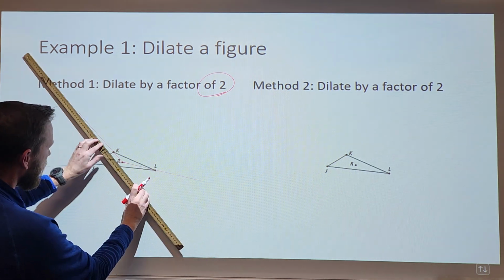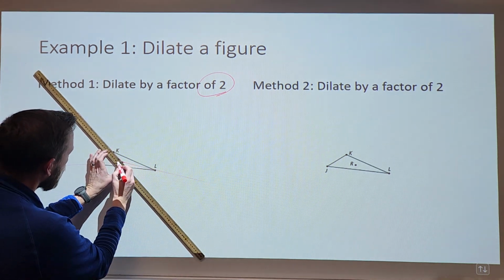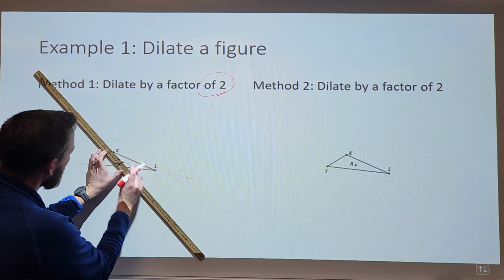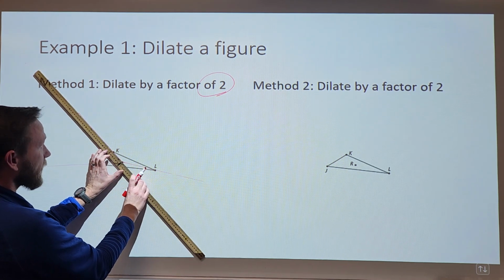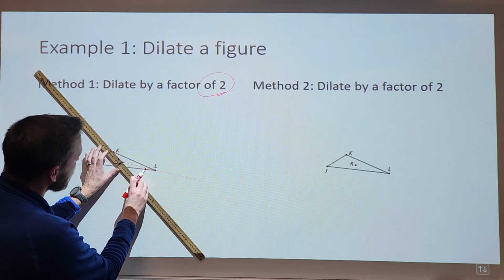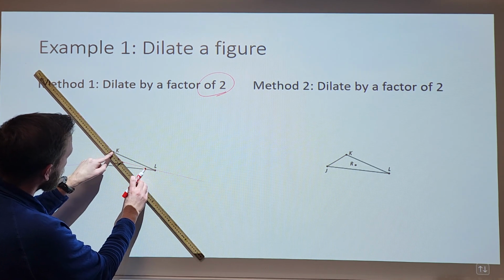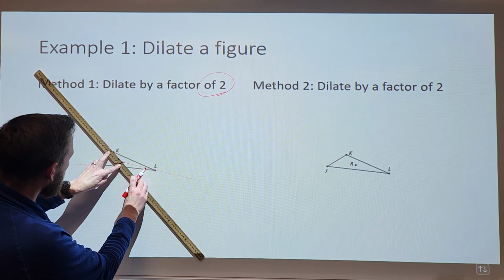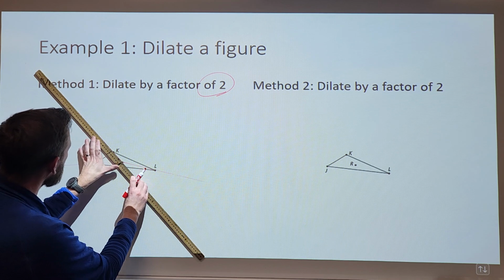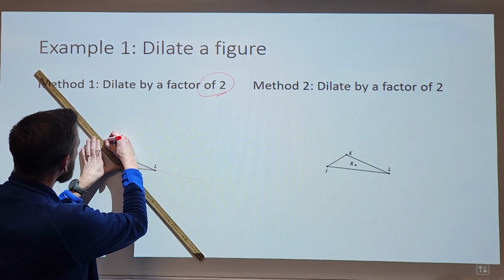All right, and this, like I said, is 5 and a half. So doubling 5 and a half, 5 and a half times 2 is 11. So I'm going to go from the center of this through point K. I'm going to go 11 centimeters, so that's going to take me all the way down to this location here.